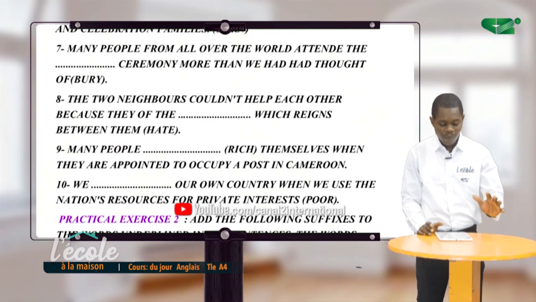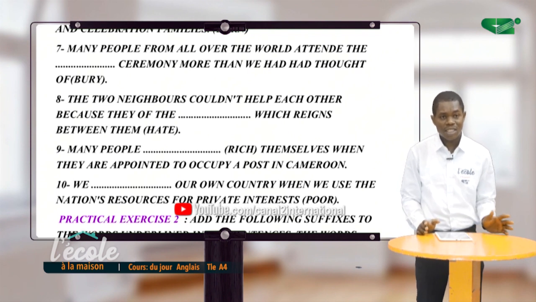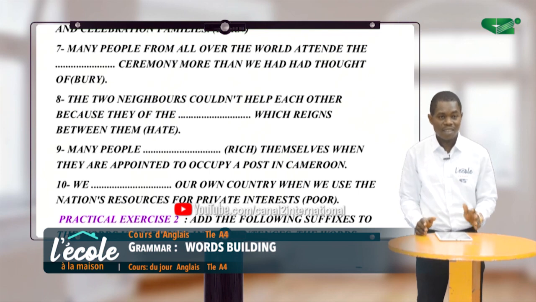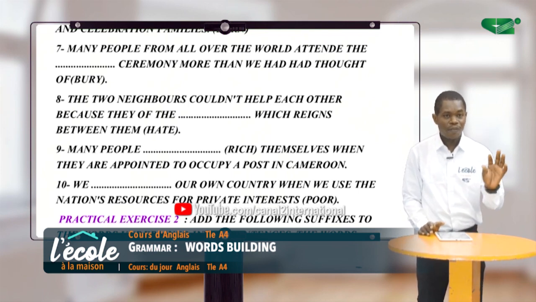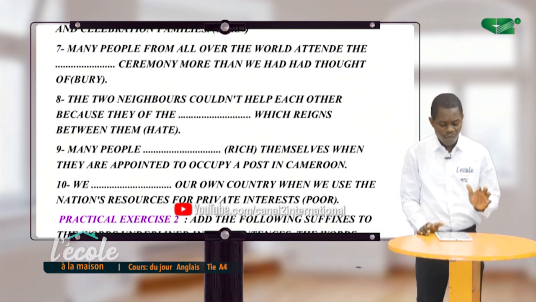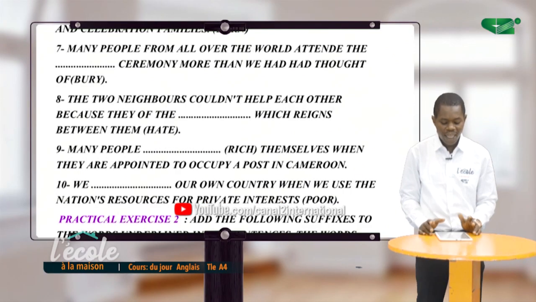So many people enrich themselves. What have we done? We've used a prefix. Among the list of prefixes that we gave at the very beginning of this lesson, you will see that we chose prefix en, to form the word enrich. Good. So many people enrich themselves when they are appointed to occupy a post in Cameroon.